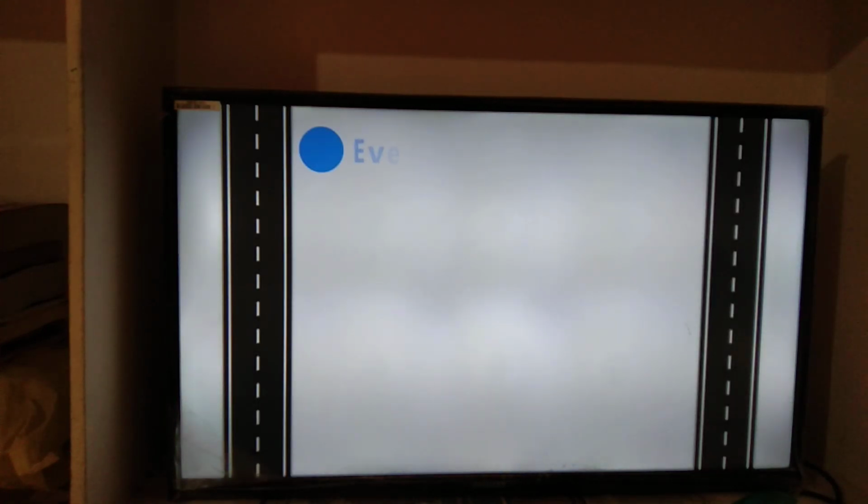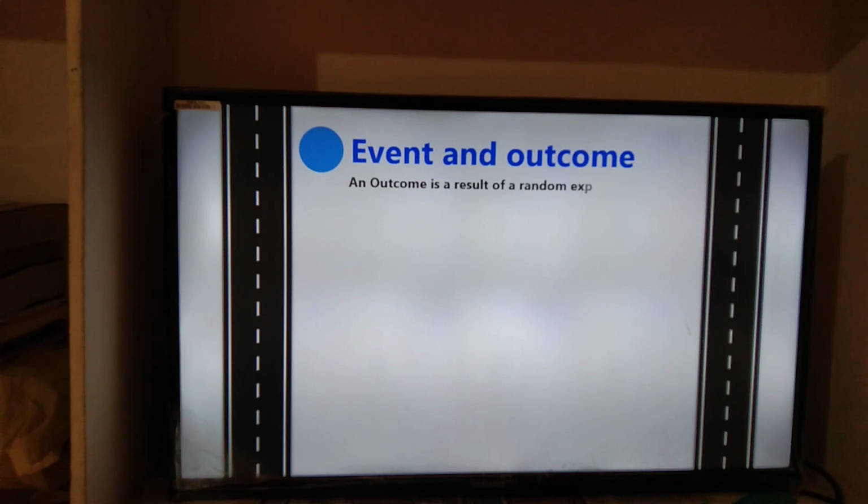Now let us see what is the meaning of event and outcome. An outcome is a result of a random experiment. Now coming to the example of an outcome: when we roll a dice, getting 6 is an outcome.